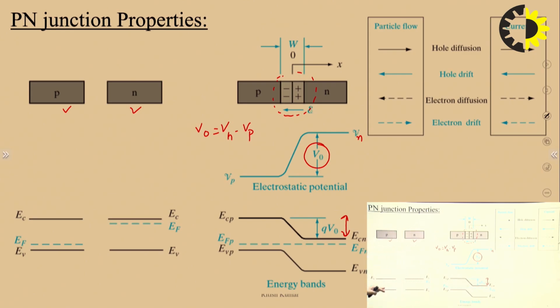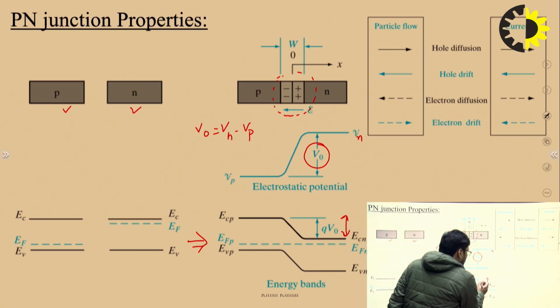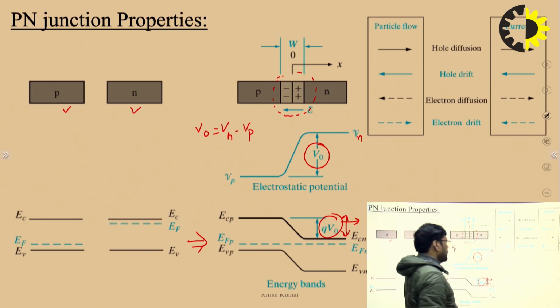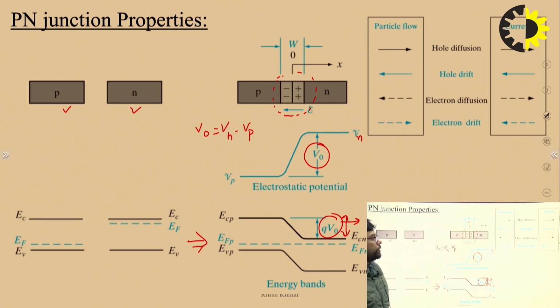While making the single Fermi level, you need to move one side down and the other up. To maintain the aligned Fermi level, the structure becomes like this in the energy level diagram. That's why this qV naught is known as the work function, or barrier height, as well, right?